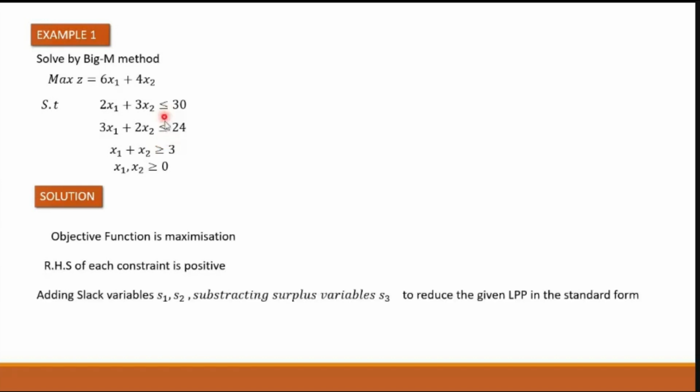Now we are adding slack variables S1, S2, and we will take the surplus variable as S3. When we add slack, because the left hand side is less than the right hand side, we have to add something on the left hand side. So this is plus S1, this is plus S2, and here we'll get minus S3.